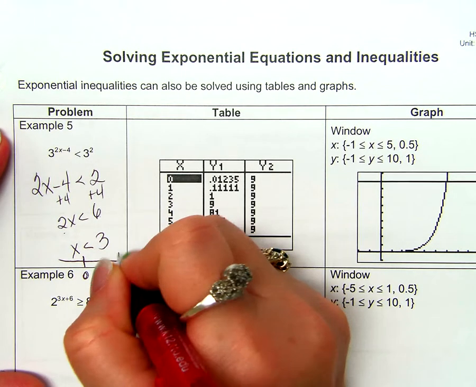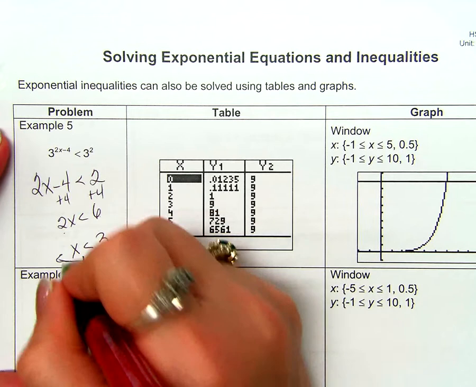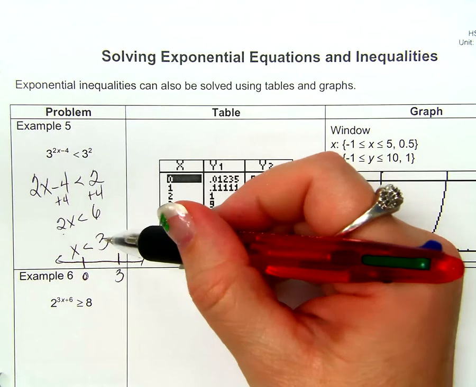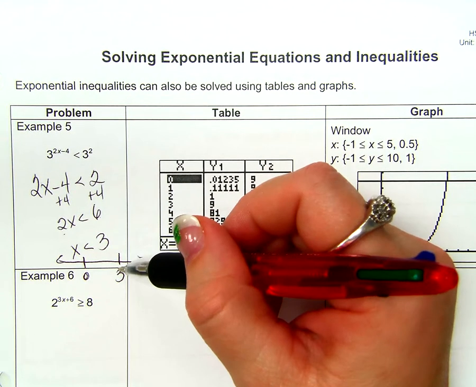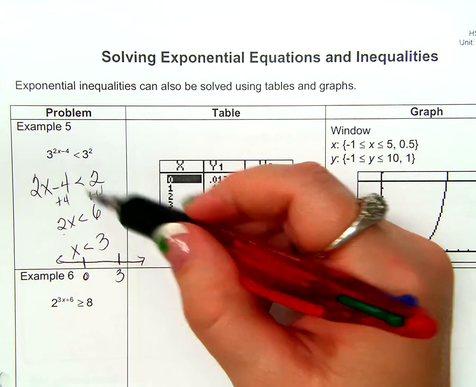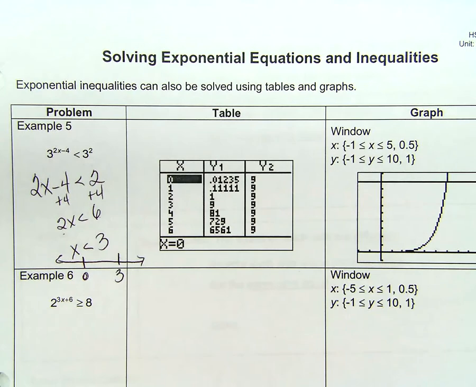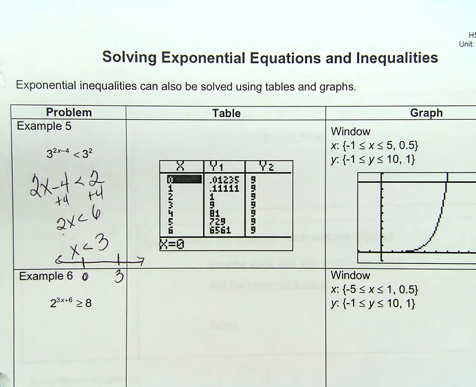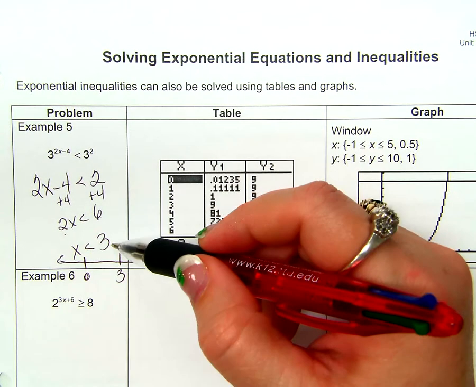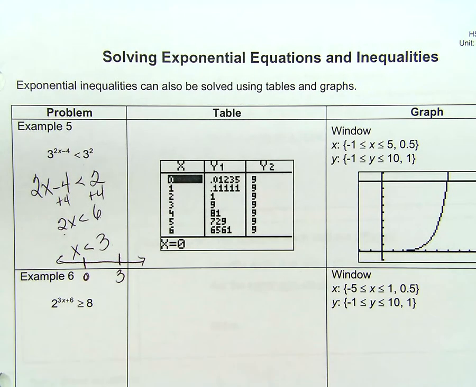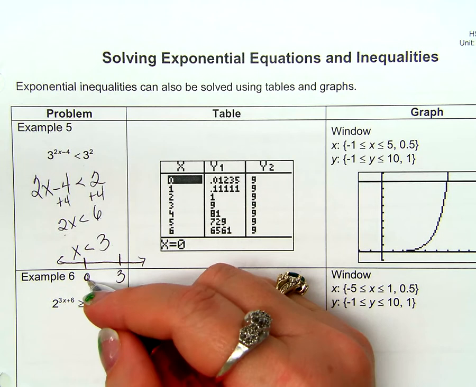And I've got a 0 and I've got a 3. Okay? 3 because that's what I got from my inequality, right, from when I answered this inequality right here. And a 0 just to give me peace of mind that I'm doing the right thing. Okay? X is less than 3 looks like I should shade to the left. Okay? The 0 gives me a check for that.